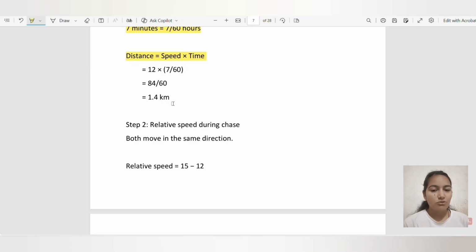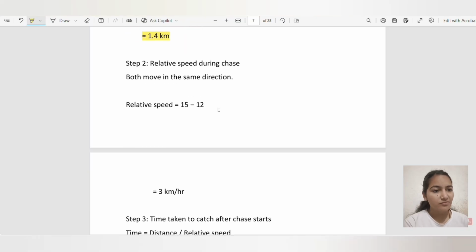You should find this distance, then only you can find the time to catch the billiard. Okay, so the distance will be 12 into 7 by 60, that is 1.4 kilometer.